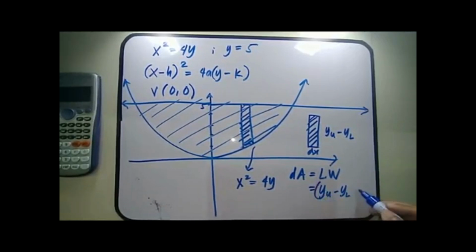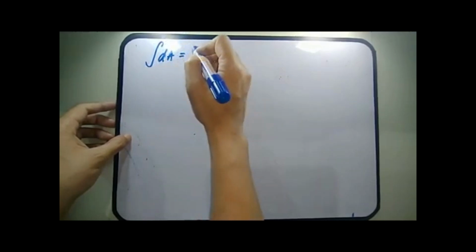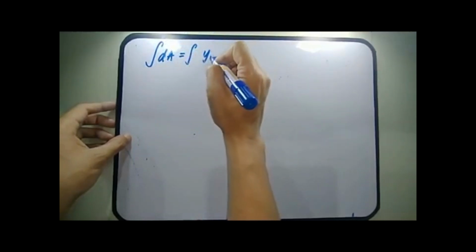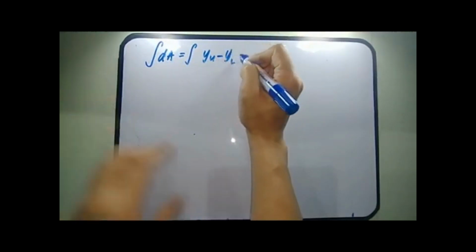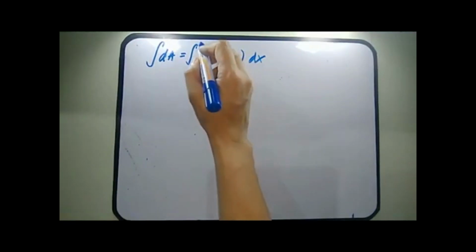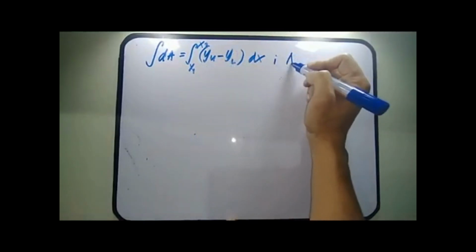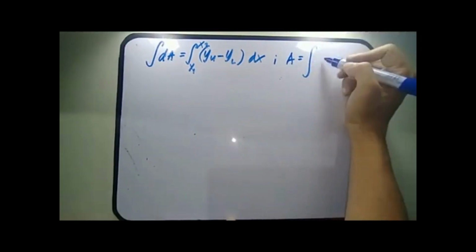So integrating both sides, you have here differential of area. The integral is equal to the integral of y upper minus y lower, differential of x from x1 to x2. So area is the integral of y upper minus y lower, differential of x, from x sub 1 to x sub 2.